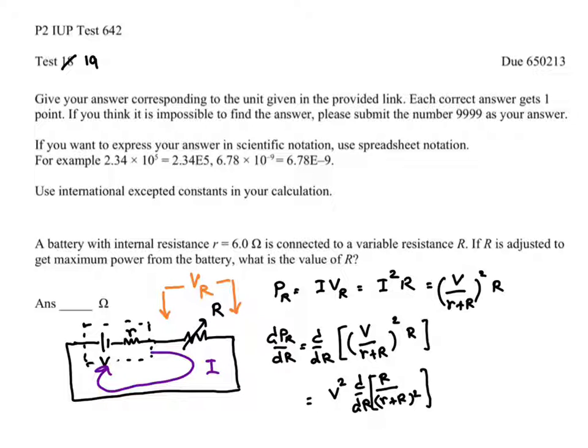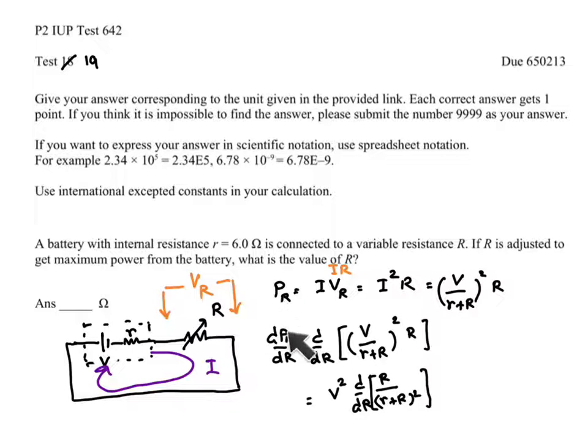If we substitute VR equal to IR here, we get PR equal to I squared R. And the current I that passes through the circuit is equal to the voltage difference of the battery V over the total resistance of the circuit, which is the small r plus the big R, because the total resistance is the sum of the internal resistance and the external resistance. So we have PR equal to this term.